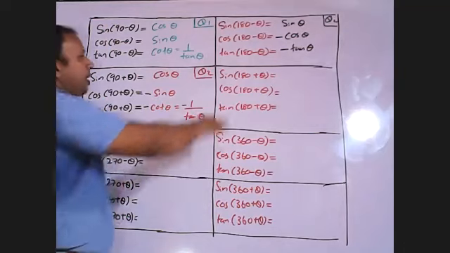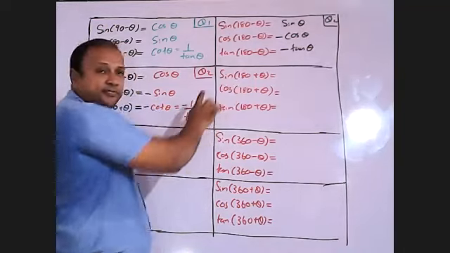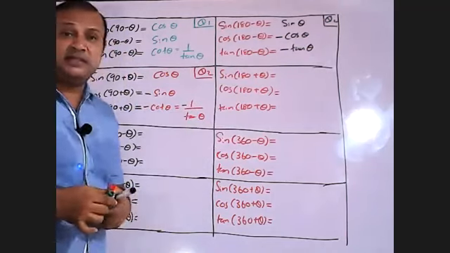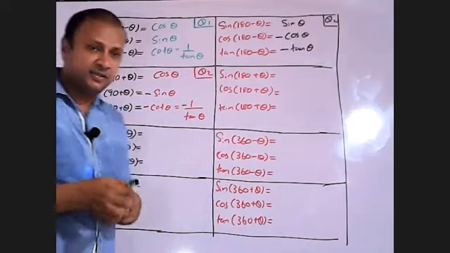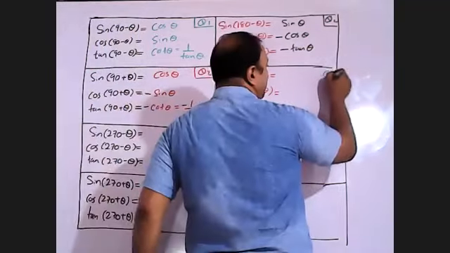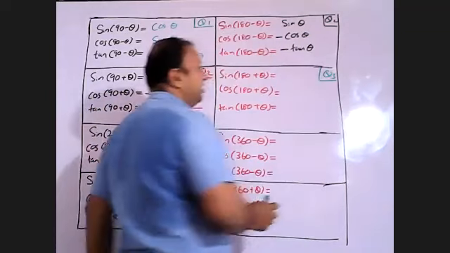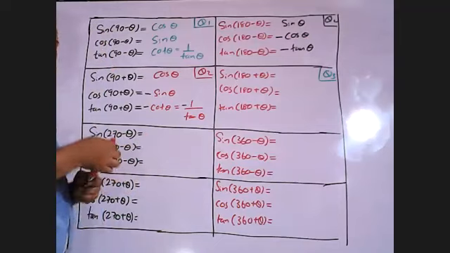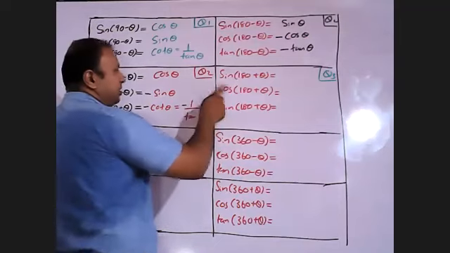Then 180 plus theta. 180 plus theta belongs to which quadrant? Third quadrant. The first thing you have to define is the sign. It is easy, otherwise you will be confused.